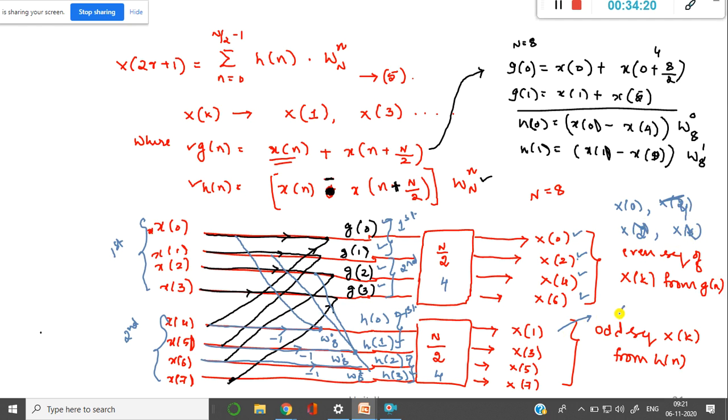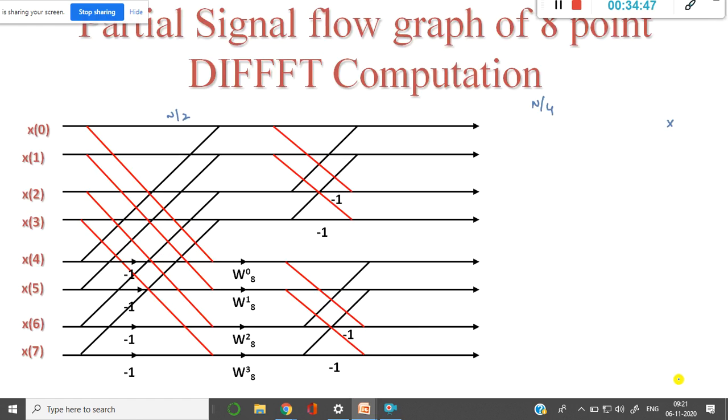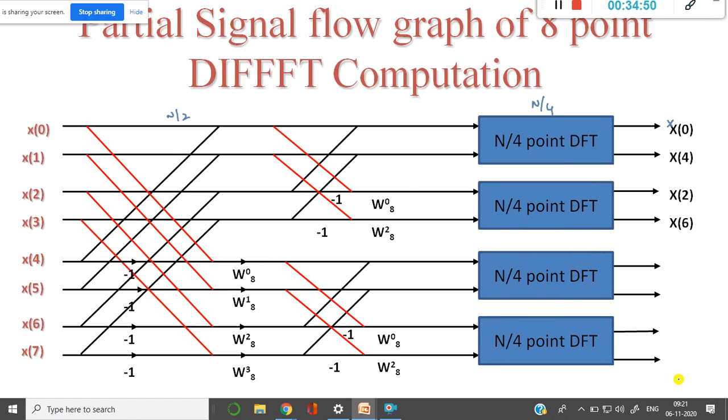Again within this, X of 3 is one even sequence and X of 7 is one more, and my output will again be split into the odd sequences of X of 1 to X of 7, that is X of 1, X of 5, X of 3, X of 7. So your final output is X of 0, X of 4, the even sequences of the first part, next X of 2, X of 6, next X of 1, X of 5, X of 3, X of 7.